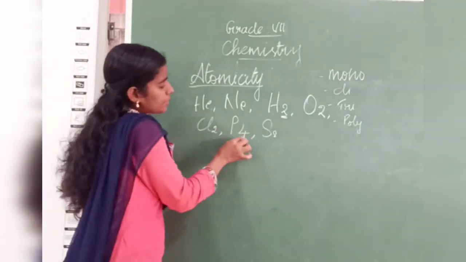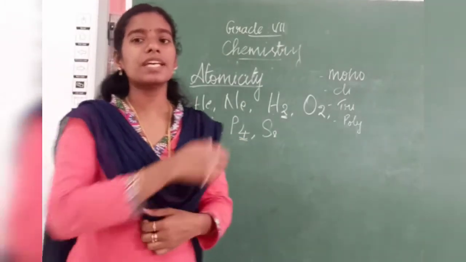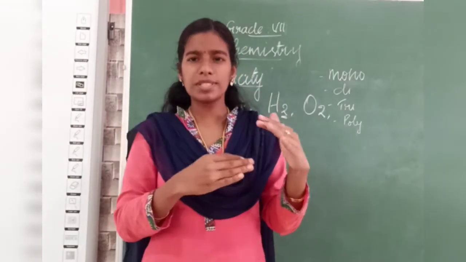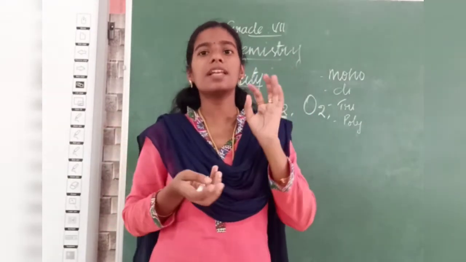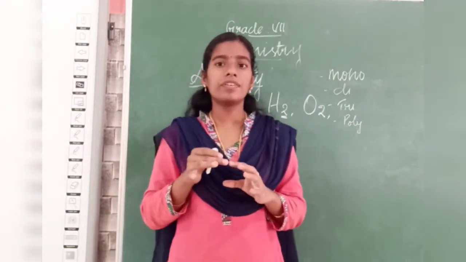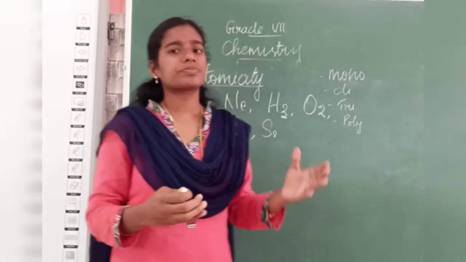Then phosphorus, 4. So the atomicity of phosphorus is 4. Like this, when you consider a molecule, the atomicity explains the number of atoms present in the molecule.